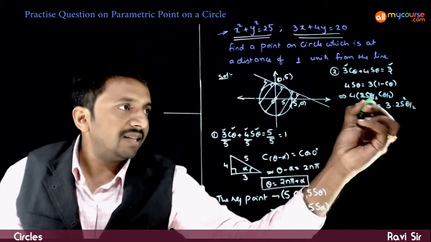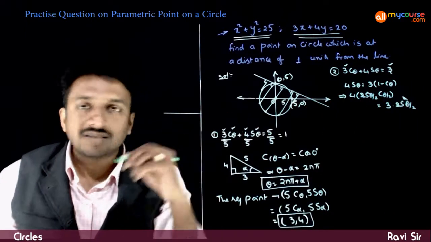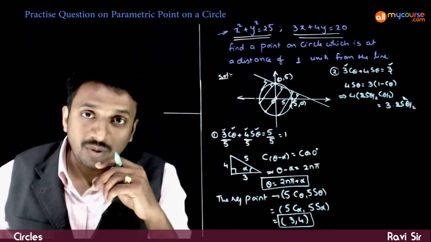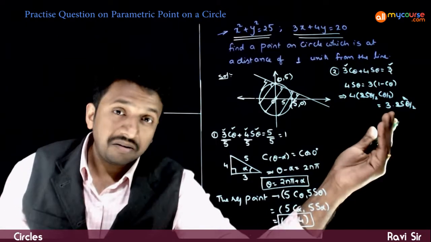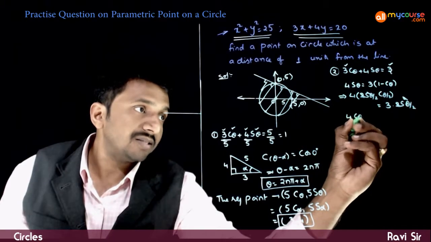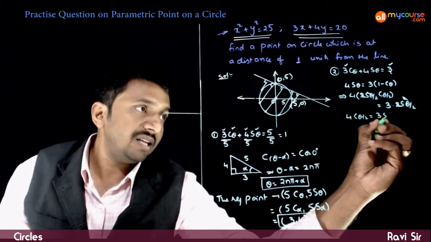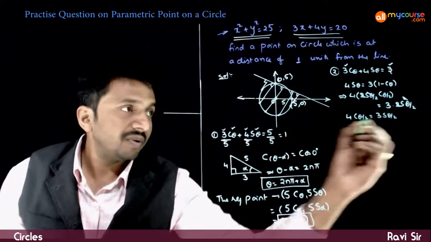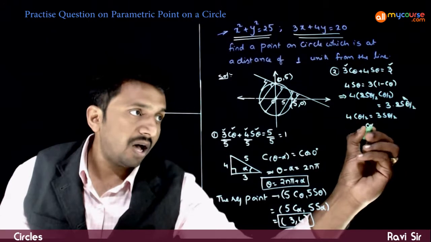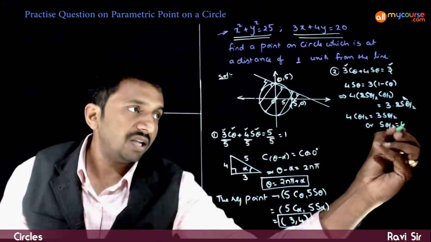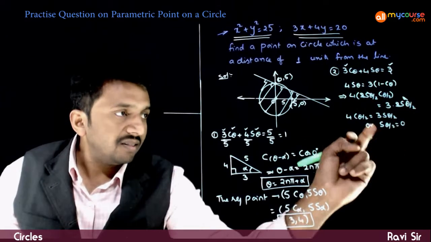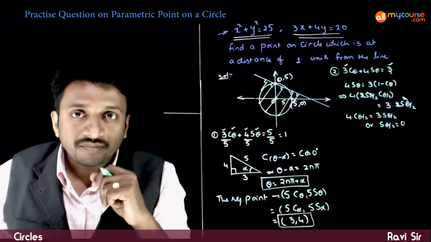So 2 sin theta by 2 gets cancelled. That means you get 4 cos theta by 2 is equal to 3 sin theta by 2, or sin theta by 2 is equal to 0. So whatever term is getting cancelled, that being equal to 0 is also a solution.